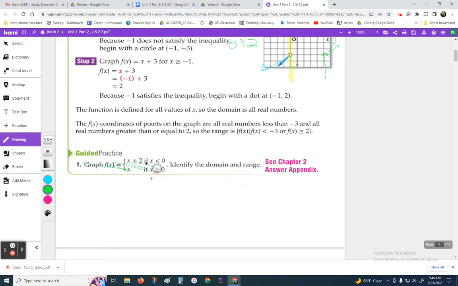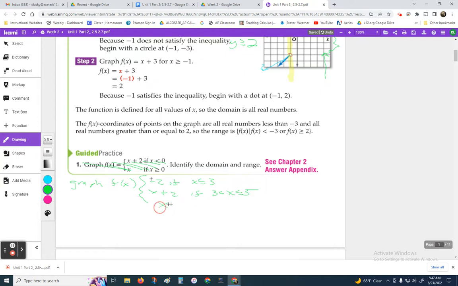Let's look at a little different one here. We're going to graph f of x, and that one's going to be -2 if x is less than 3, and then we're going to go x plus 2 if 3 is less than or equal to x, which is less than or equal to 5.